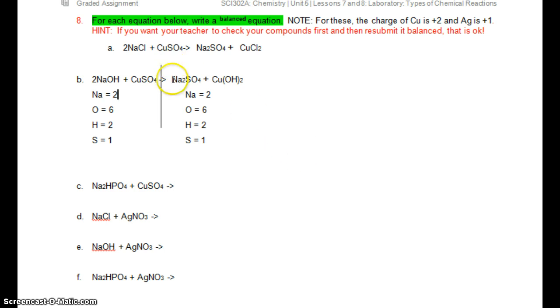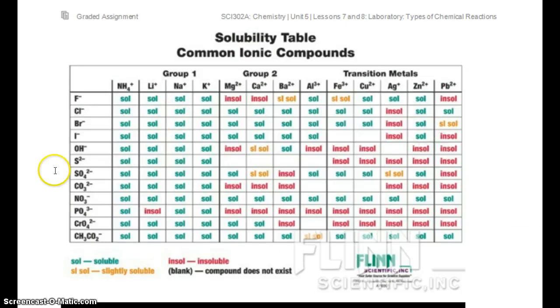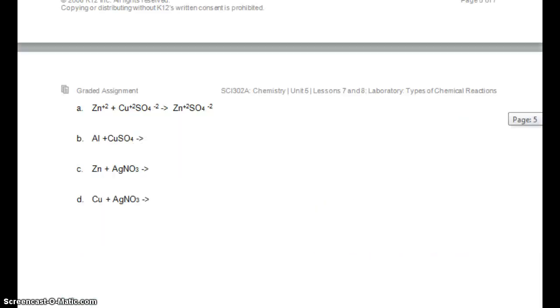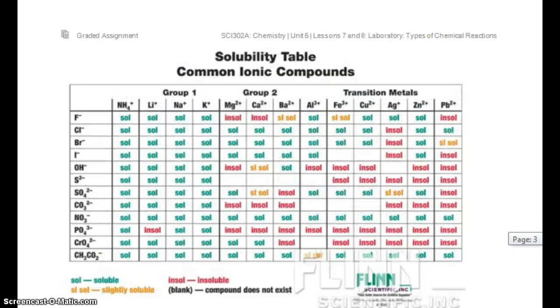All right, so let's do this reaction. I have sodium sulfate. So let's look up here and see if it's going to make a precipitate. So sodium sulfate. Is it going to make a precipitate? Nope, it's soluble. That means it can dissolve. And what else are we making? We're making copper hydroxide. All right, so hydroxide is right here, and let's go all the way over to copper. Way over here. Is it going to make a precipitate?